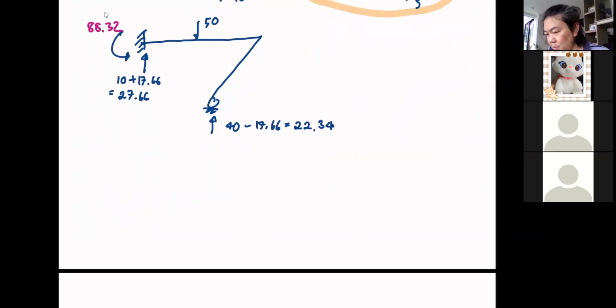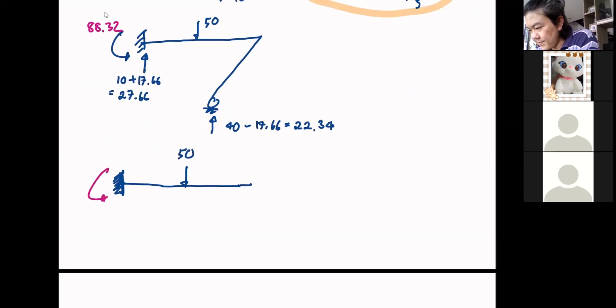So that first portion right there, I wonder why I cannot draw a straight line anymore. So that's 50. That's a moment 88.32. That's shear, or the reaction, 27.66.